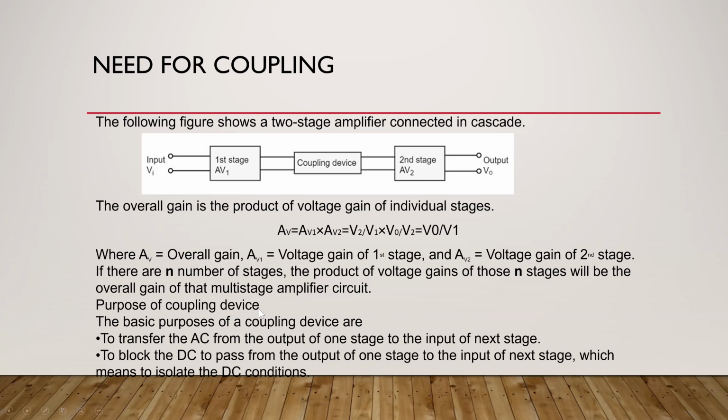For an n-stage amplifier, the overall gain is nothing but the product of voltage gains of the n individual amplifiers. If there are two, it is AV1 into AV2. If there are four multi-stage amplifiers, the overall gain is AV1 into AV2 into AV3 into AV4. Like that, if there are n amplifiers, the overall gain is AV1 into AV2 into AV3 into AV4 and so on, up to n.